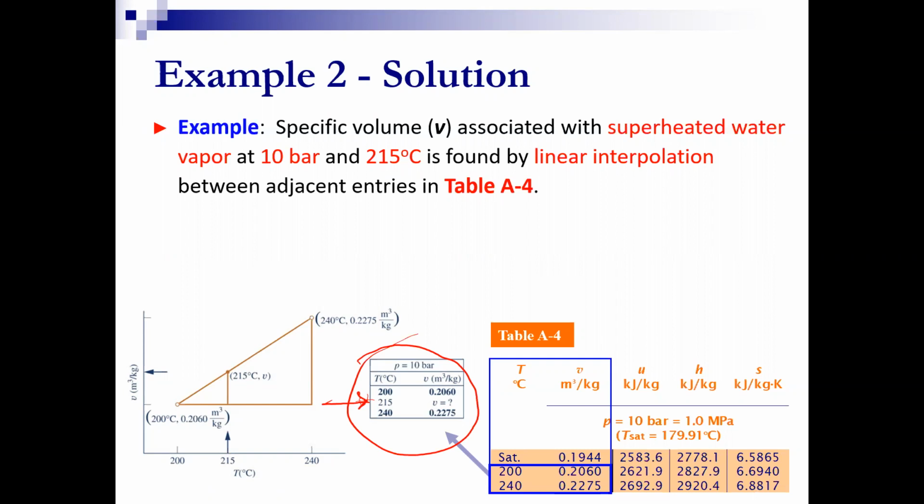B is our unknown, the specific volume. A is the known value, the temperature.